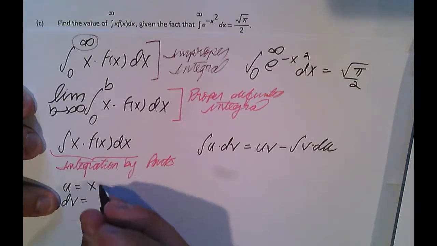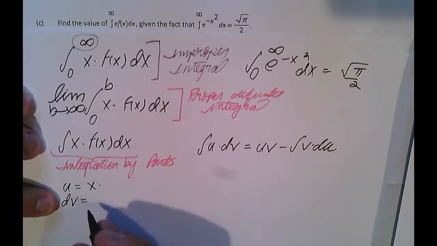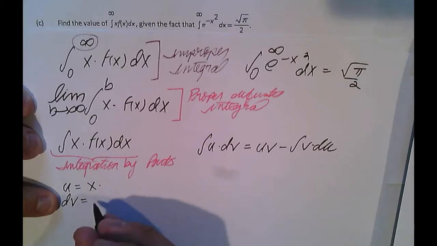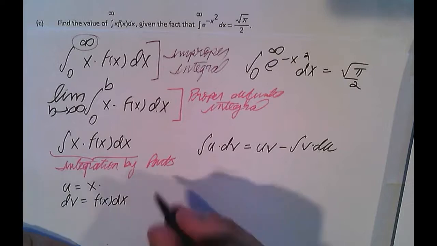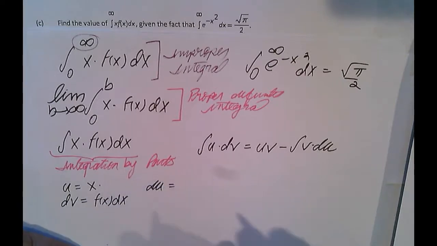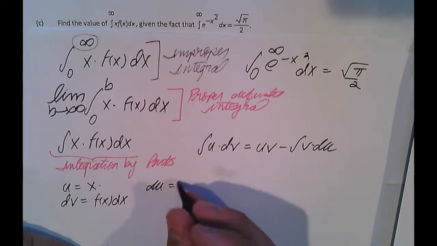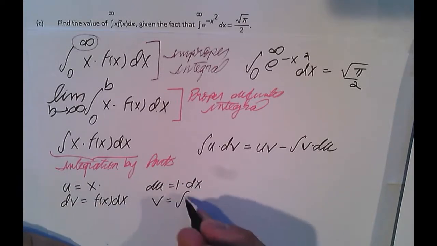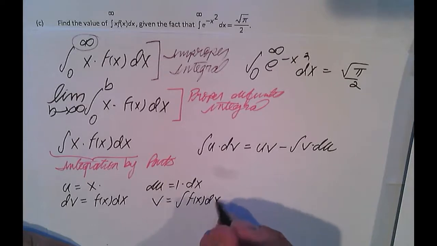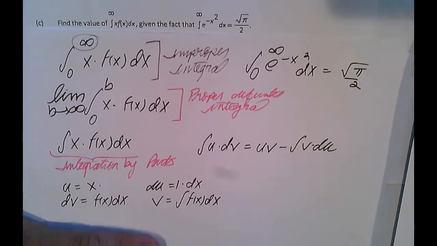Well, if u is the x, then dv has to be f of x dx. You then find du. Well, if u is x, then du is just 1 dx. To find v, it is the integral of f of x with respect to x.